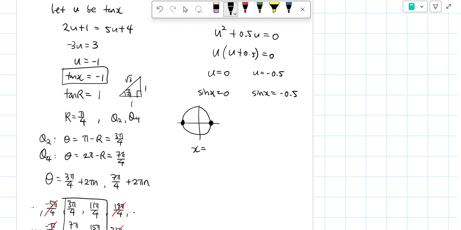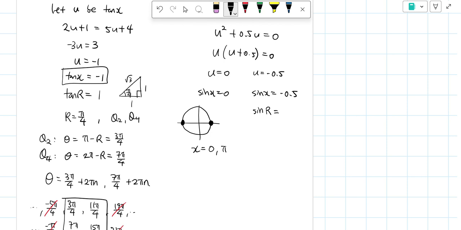So I can quickly tell that my x value will be either 0 radians or pi radians, because it's either at the 0 rotation or half rotation. That was easy.